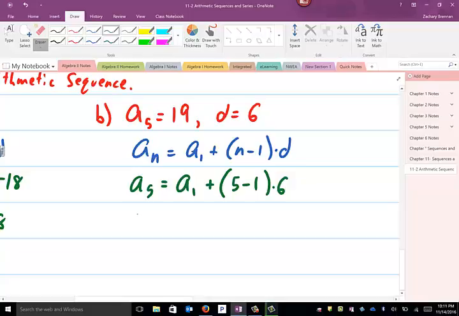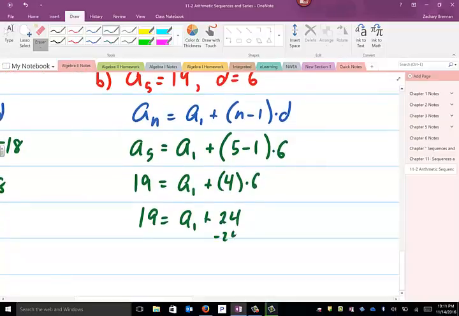So I'll call it 19 is equal to a sub 1, and I'll start working this out now. This would be 4 times 6. So 19 is equal to a sub 1 plus 24. All right, let's subtract our 24 over. Minus 24, we're going to get -5 is equal to a sub 1.